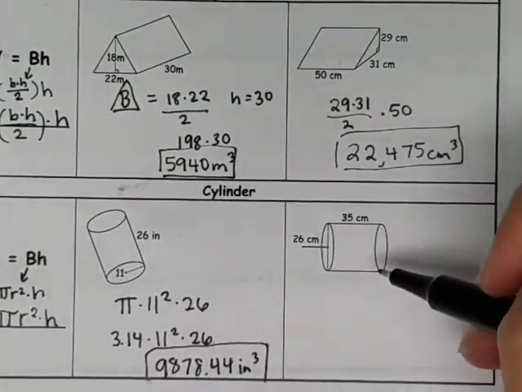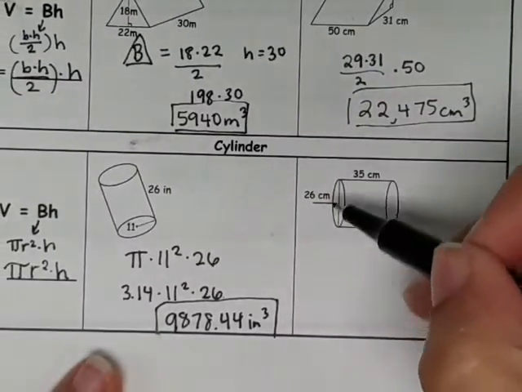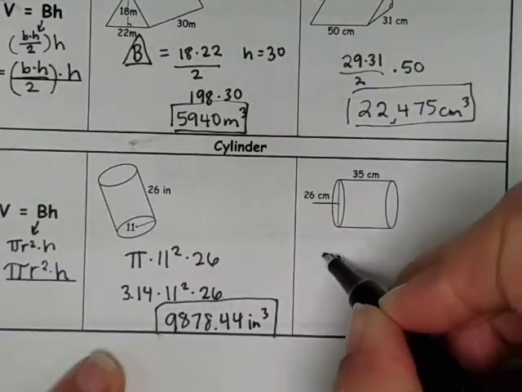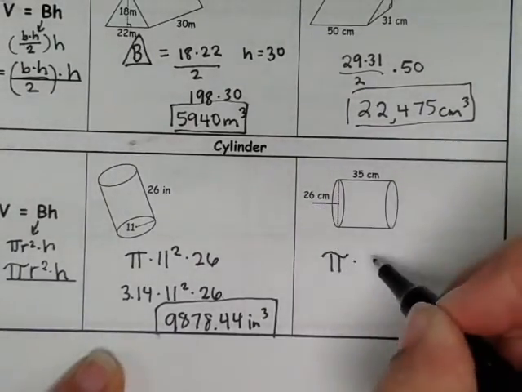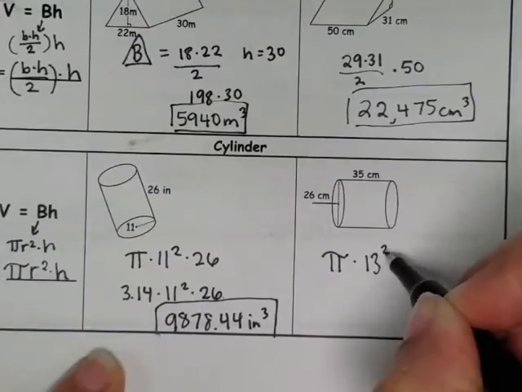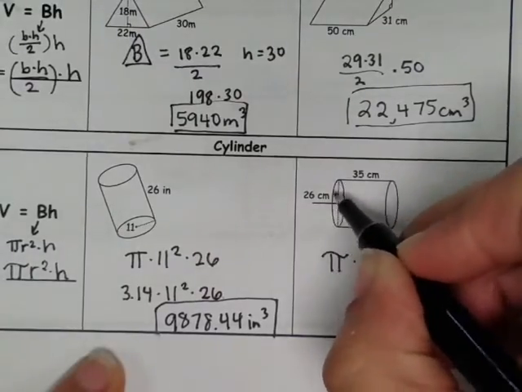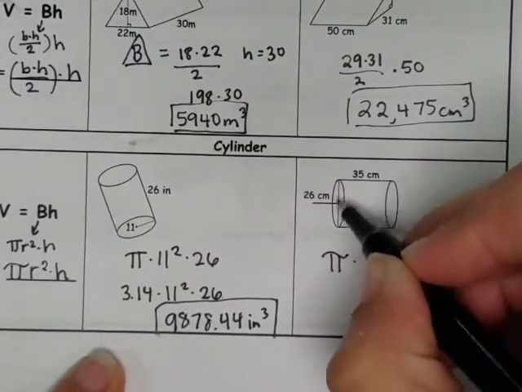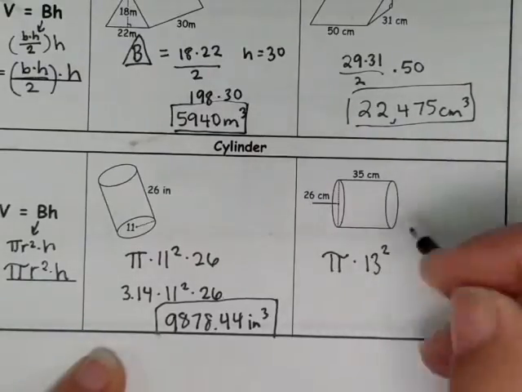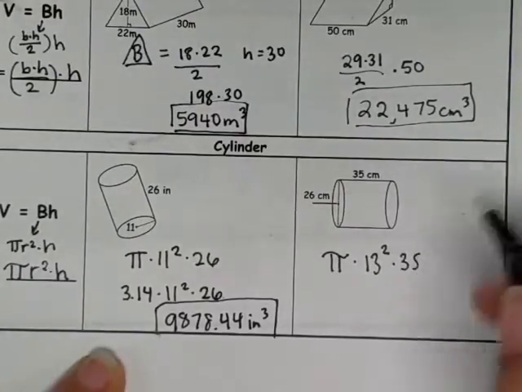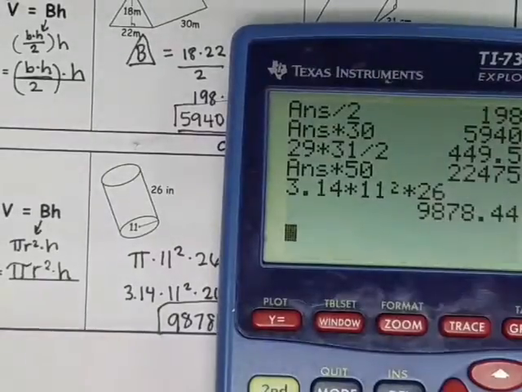All right, this cylinder's on its side, but its base shape is still a circle. So pi times half of 26, which is 13, squared. The reason why I cut 26 in half is because this is the diameter. So half of 26 is 13. And then times 35. And then I'm just going to put that in my calculator.